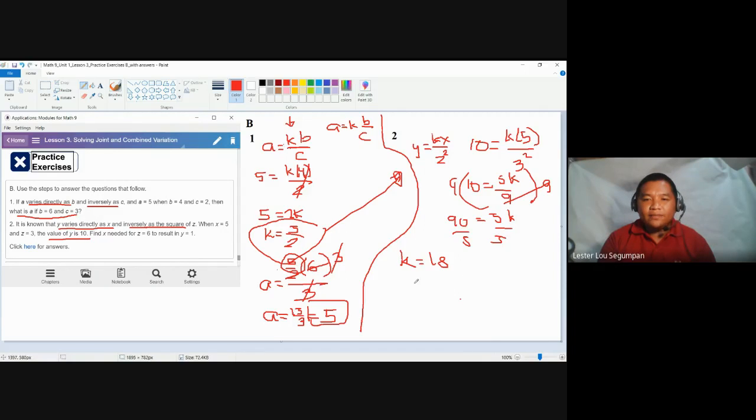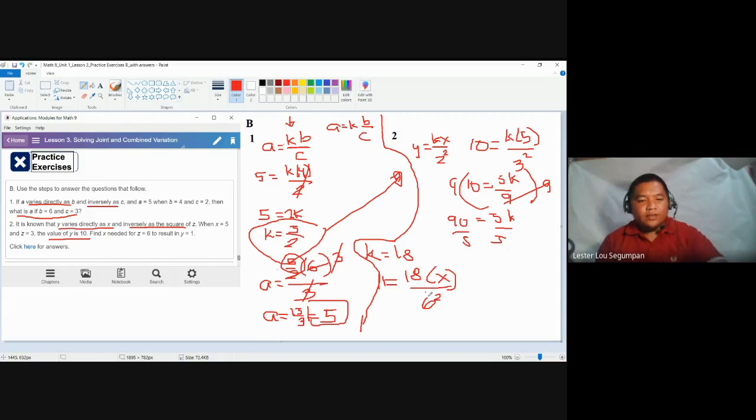So y is 1 equals k is 18, and then we are looking for x over 6 squared. So 1 is equal to 18x over 36.